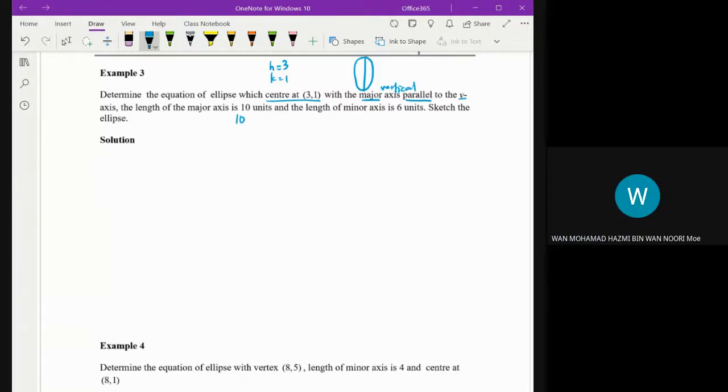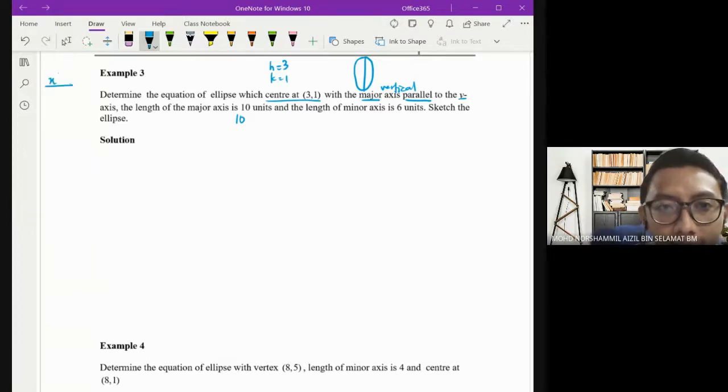Ingat balik. Saya ulang sekali lagi. X, Y. Okay. The partition of the unknowns that we need to obtain. H, K, A, B, C can go anywhere. Can be vertical, can be horizontal. Tapi H dengan A sentiasa horizontal, K dengan B sentiasa vertical.